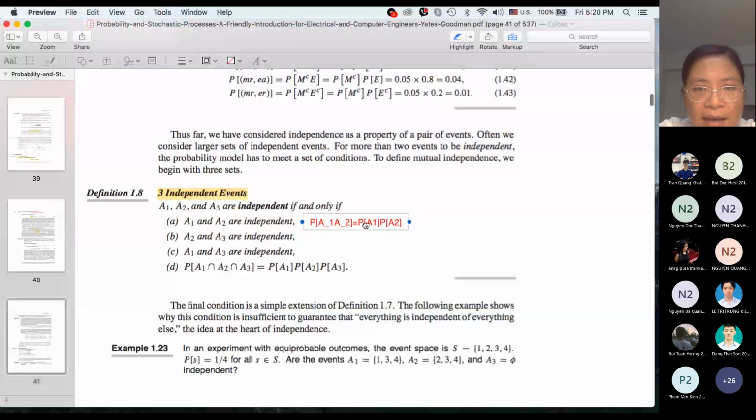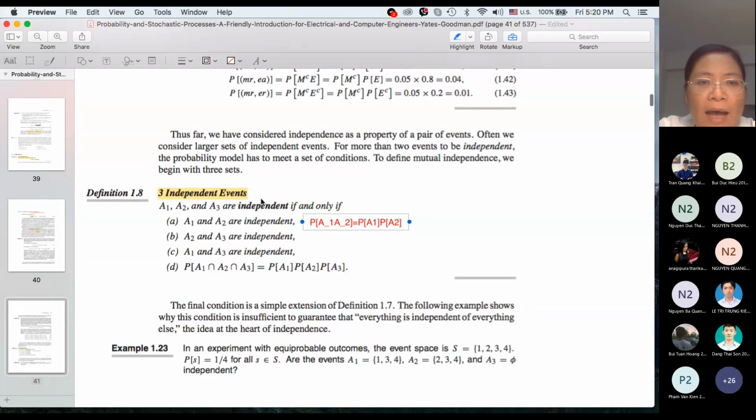We use the first term, and then the second term is for A2 and A3. Probability of A2, A3 equals probability of A2 times probability of A3. Then A1, A3. And the last important one here, the intersection of 3 events equals the product of the probability of each event.